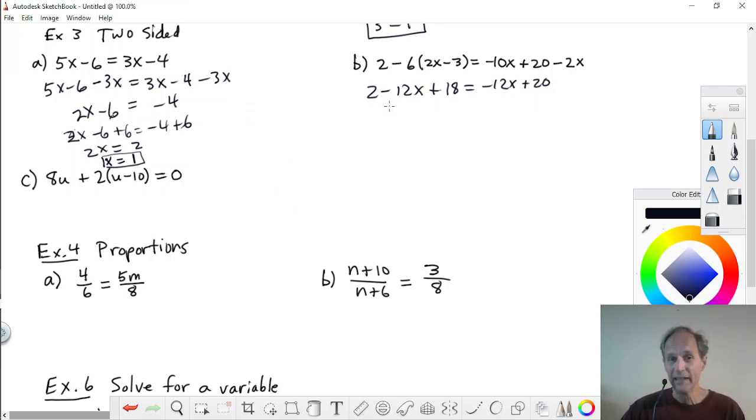There's going to be extra of one of those things, right? So you have to be able to combine. 2 and 18 combine to 20. Okay.